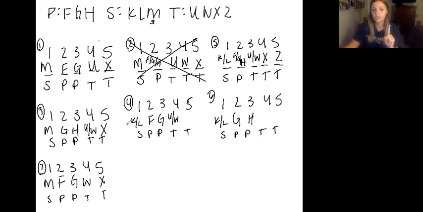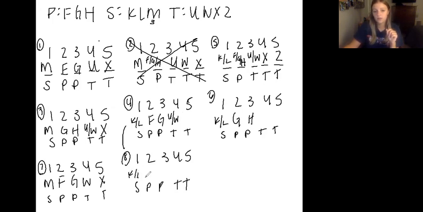So we're going to actually split this. And we're going to have one in which we do have one of our U and W's and one in which we don't have our U and W, which would force X and Z to be here.